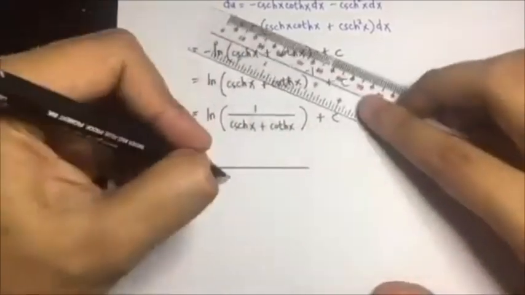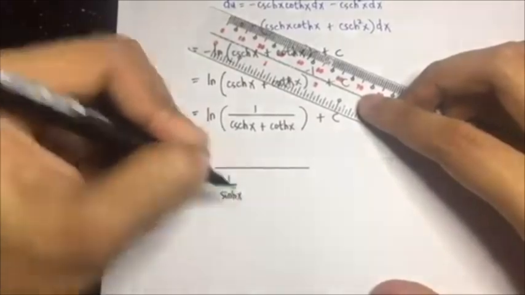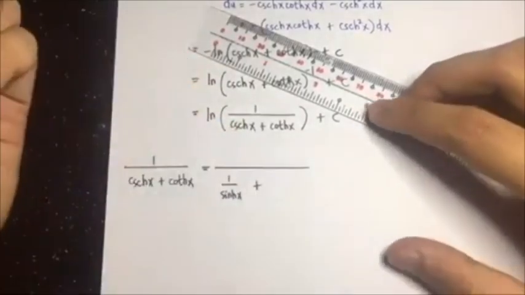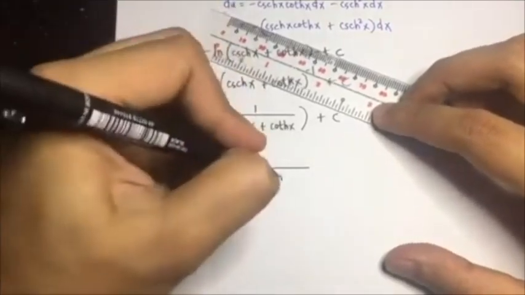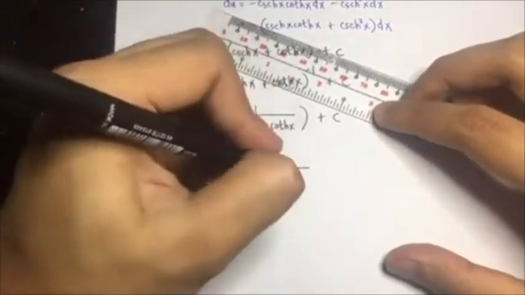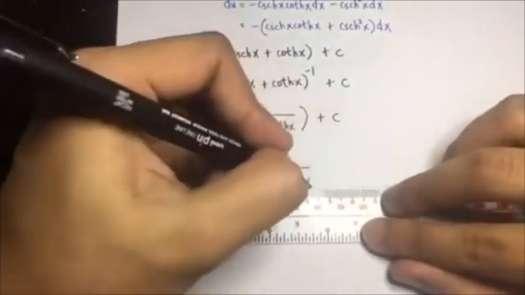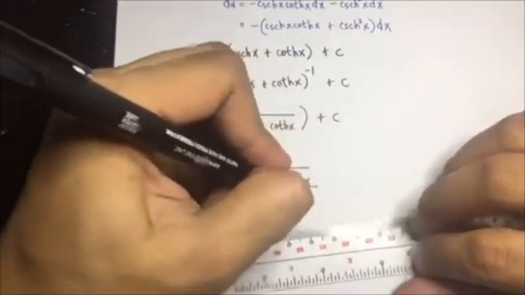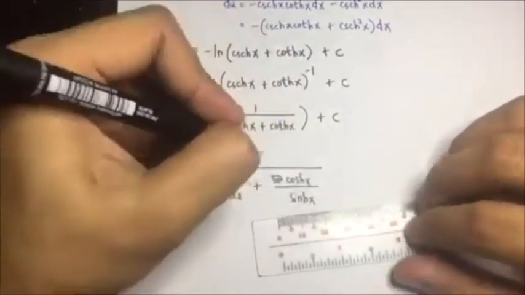So it will become 1 over hyperbolic sine of x plus, so cotangent is hyperbolic cosine of x over hyperbolic sine of x. Okay, so 1 over.